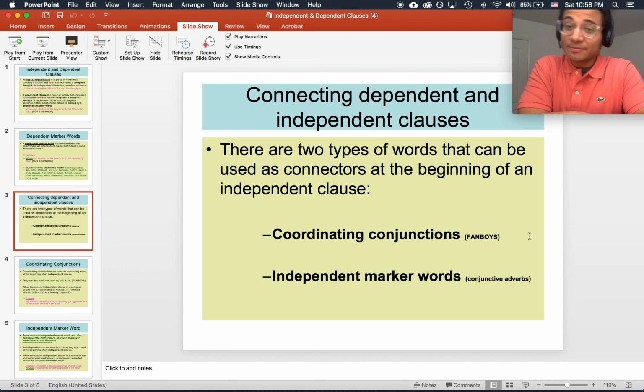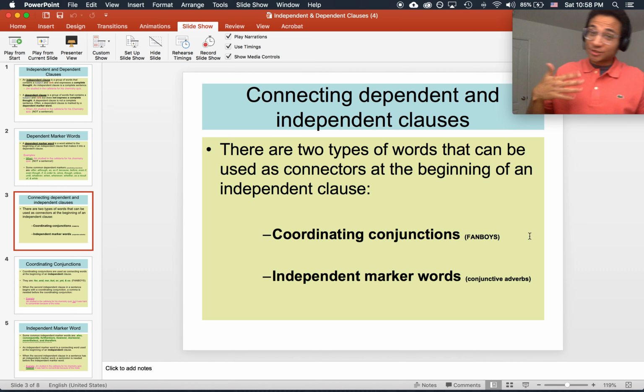Okay, so how to combine dependent and independent clauses? Which is it, a complex or a compound? Yes, complex. Hopefully you said it out loud.